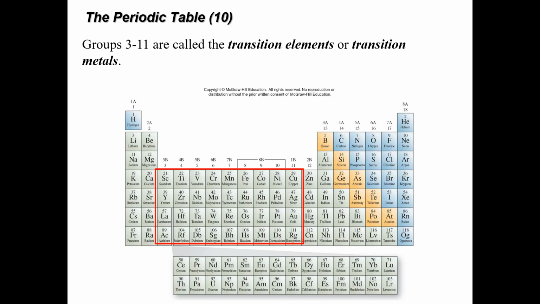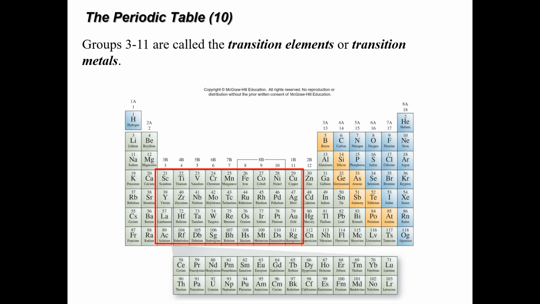To finish this lecture, I'd like to summarize what we did so far. This lecture has two parts. In the first part, we talked about the atomic number. What is the atomic number?